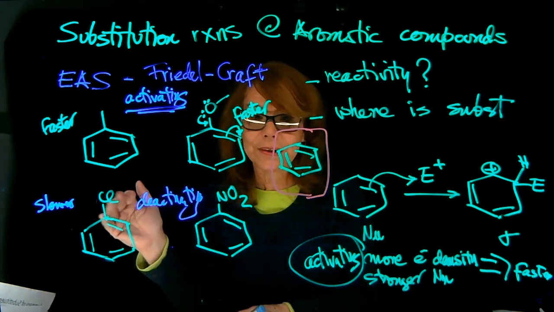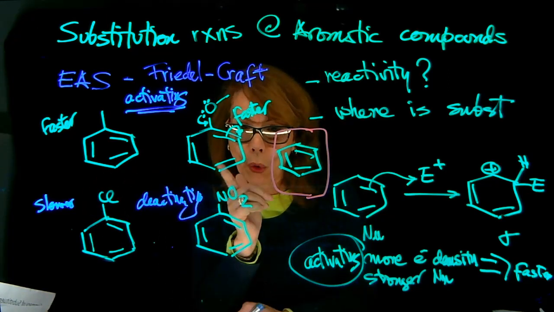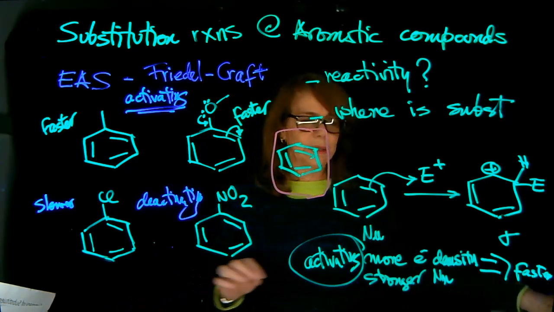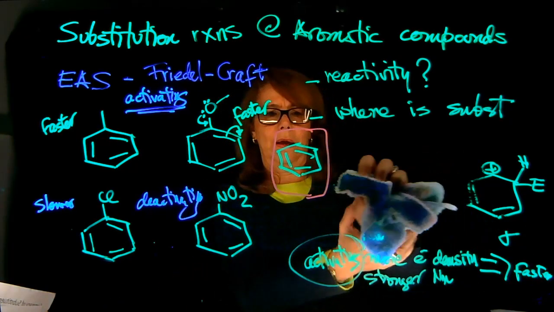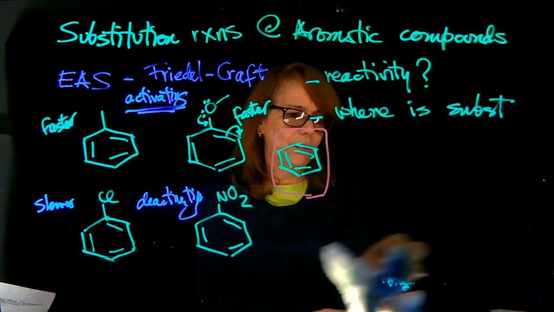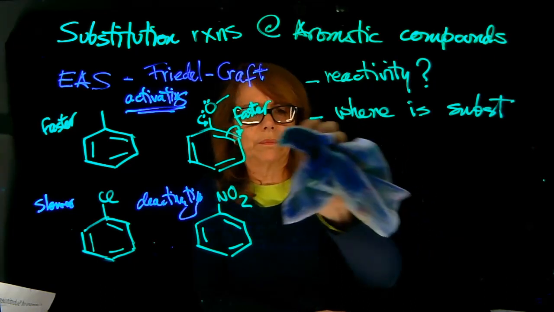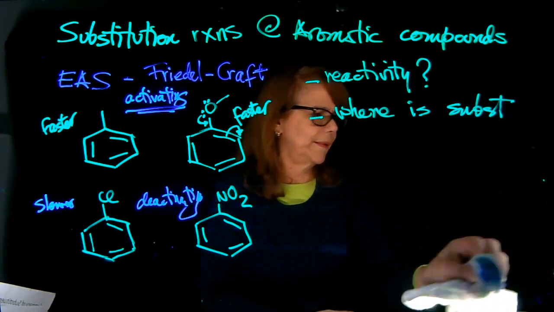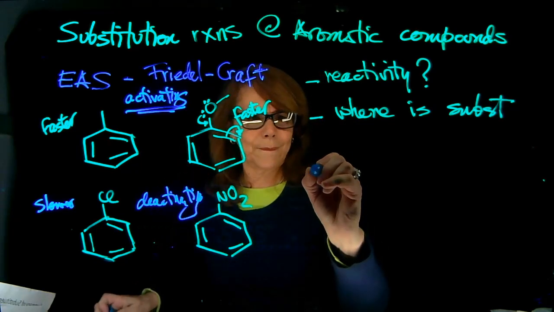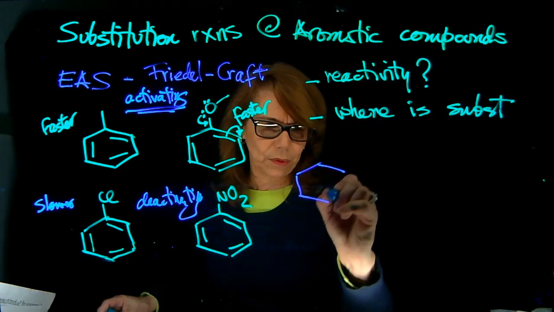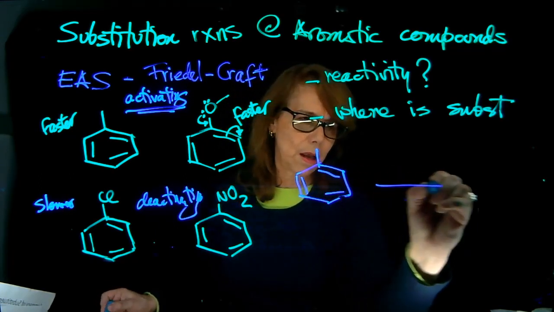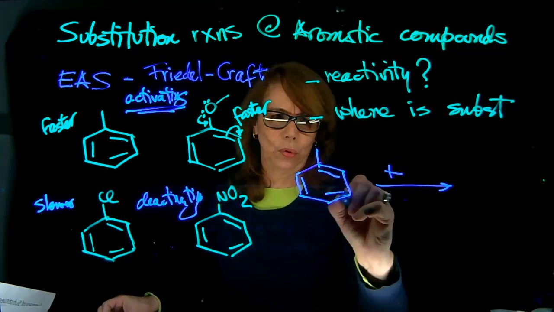You know, that's one thing, faster or slower. Then the other factor that we need to consider is where the group is going to be installed. So in the case of toluene, let's do toluene. And here I'm going to simply erase that. So where is the substituent going? Let's say that I'm trying to nitrate toluene.